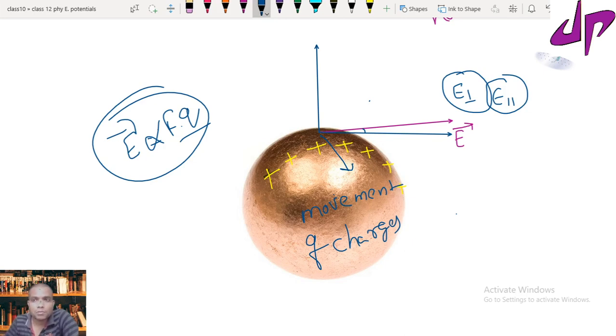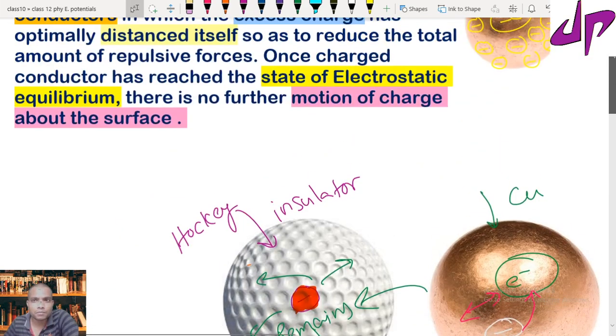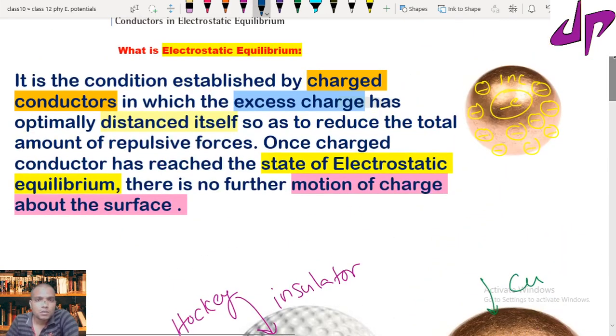If the charge moves, we will miss the concept of electrostatic equilibrium. We will miss this concept if we imagine that the electric field is not normal to the conducting surface. This concept is always a property of conducting materials.